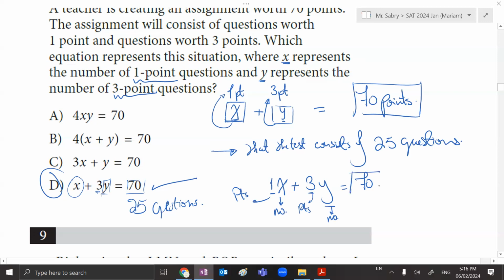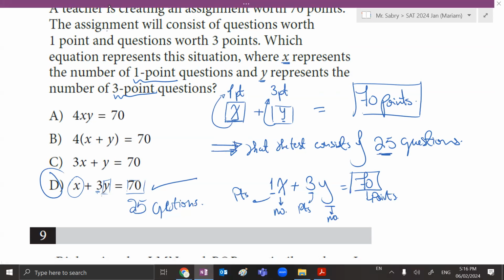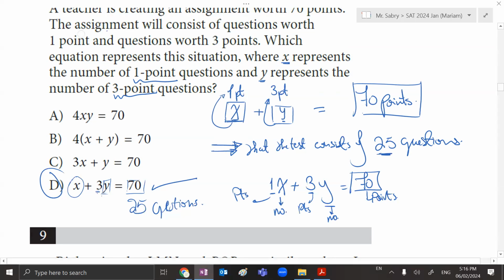That got me the total points. Right? Yes. Okay. You're saying I can remove the 70 if the test has a total of 25 questions and I would like to represent this in an equation. You're saying I just need to remove the 70 and substitute 25. But that would mean... No, I was asking if that's what you meant.